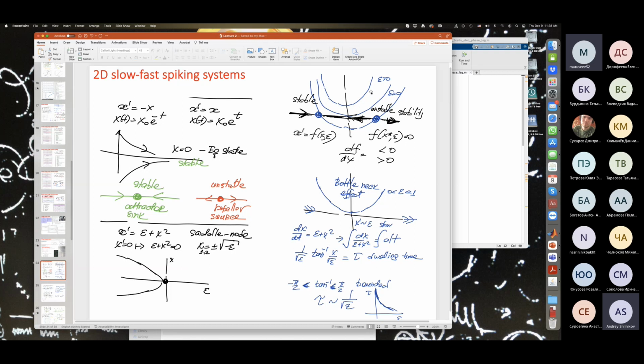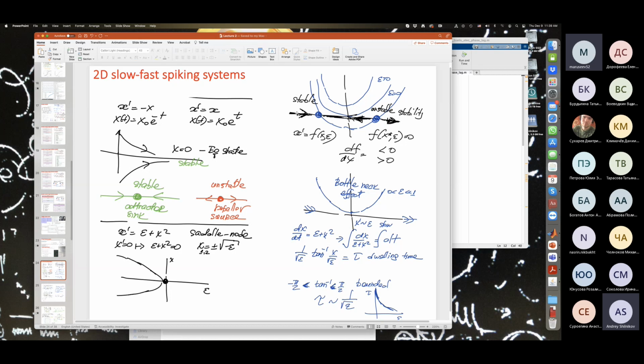When epsilon is positive, you have nothing. This parabola doesn't intersect the x-axis, then it touches it when epsilon is 0, and then you have two equilibrium states. And no surprise, because of the positiveness of this expression, when x is large enough, x prime becomes positive, which means solutions run to infinity, or they run from negative infinity towards the origin.